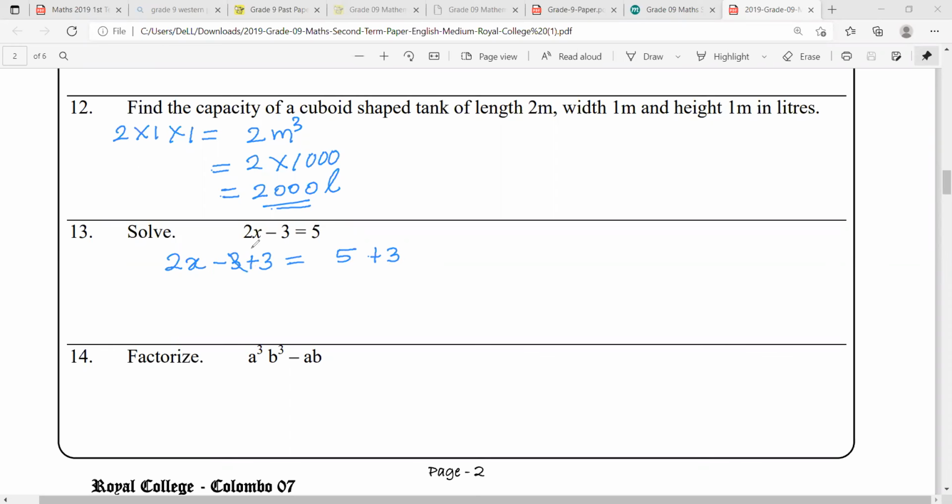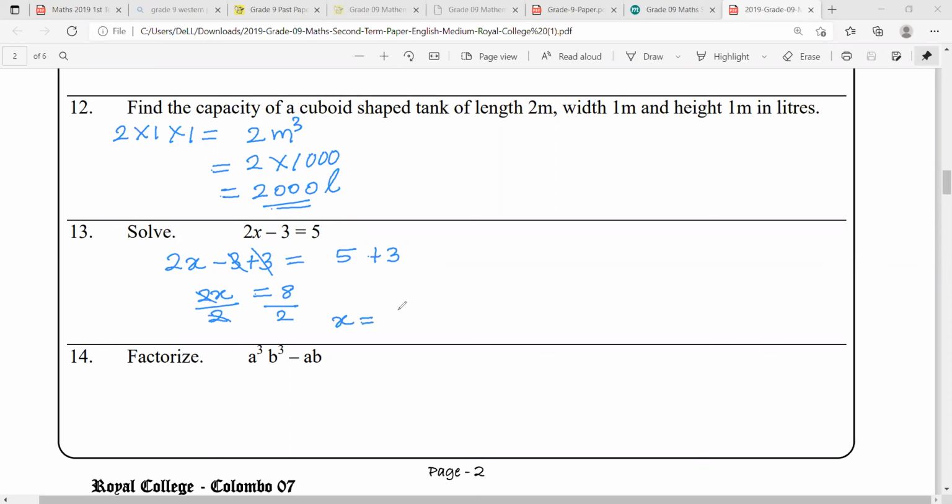Then you cancel this and you get 2x is equal to 8, and then you divide both sides by 2, and you get x is equal to 4. This is the answer. Now you have to factorize this, and let's see how you can do this.